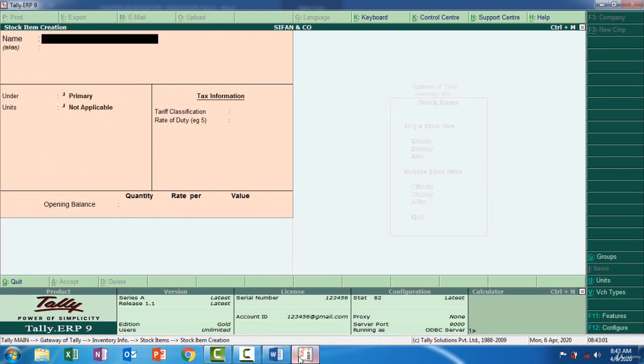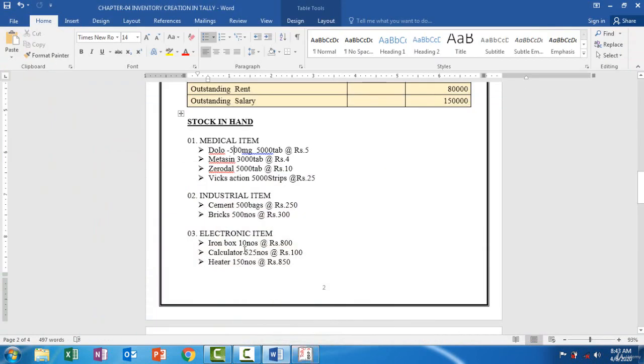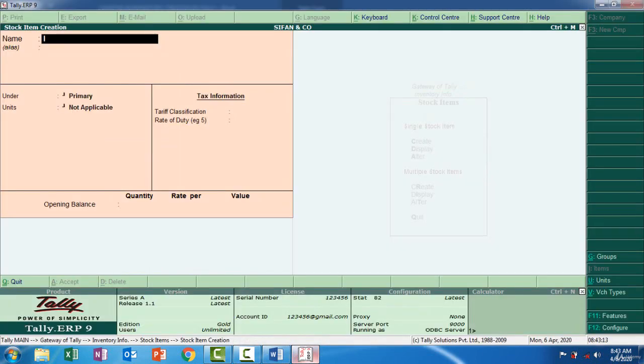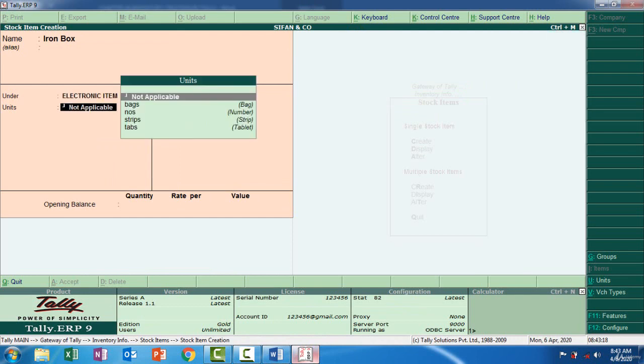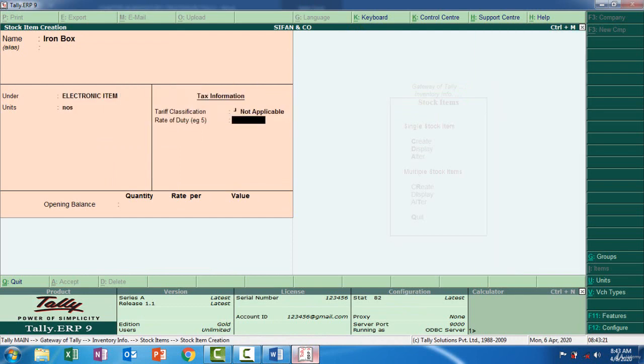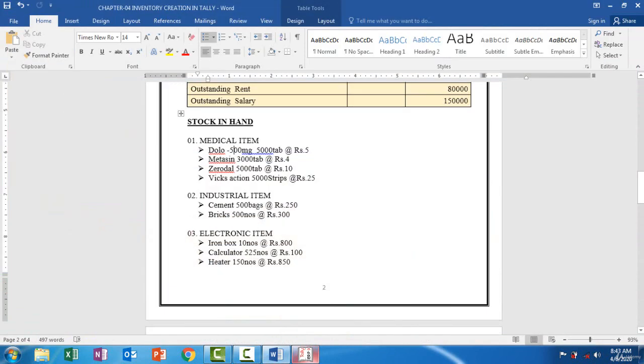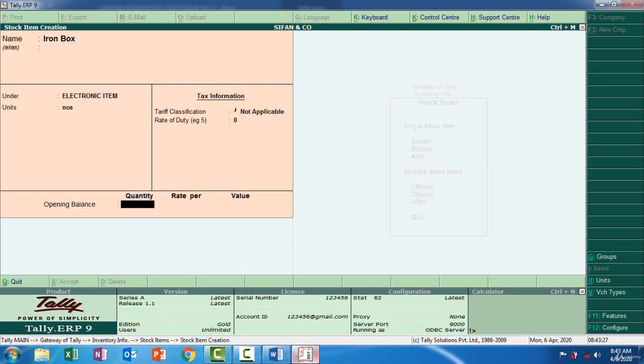Then yes. The next one is electronic item. First one is iron box. Iron box is coming under the electronic items, and it is measured by numbers, and then quantity is 10, the rate is 800.